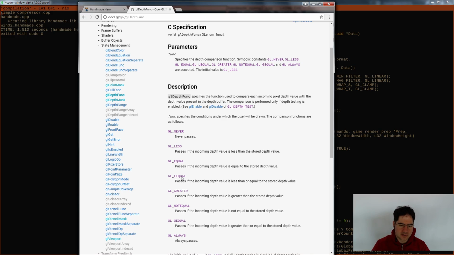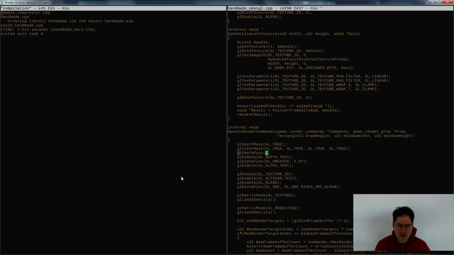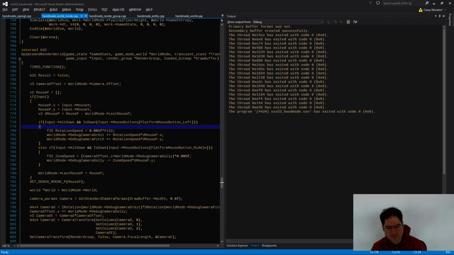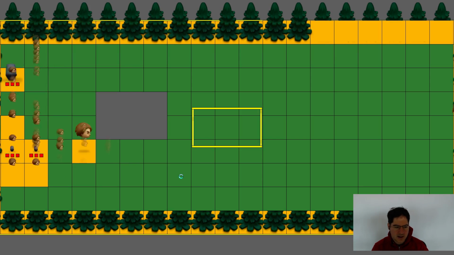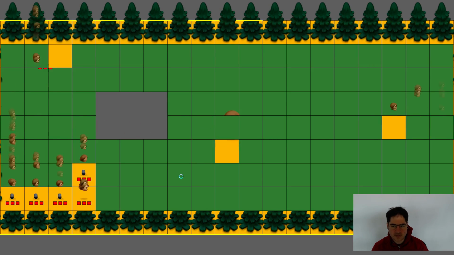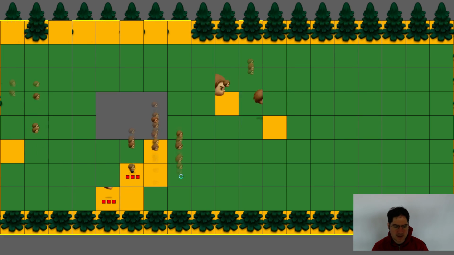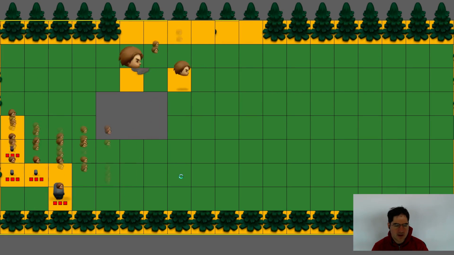Because we're probably going to want to do things where we send three things down that are meant to go on top of each other, all at the same Z value, and we want a good chance of that working. So we probably want something like that. And now you can see we get back to closer to what we had originally, because now the drawing order is getting respected, right? And so that's a good thing as well.